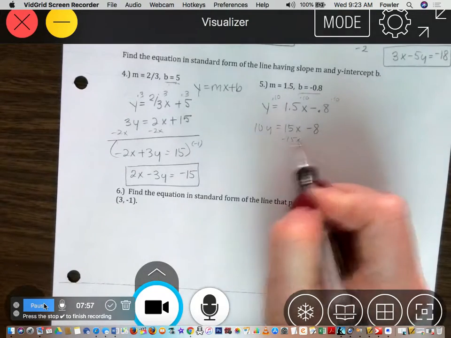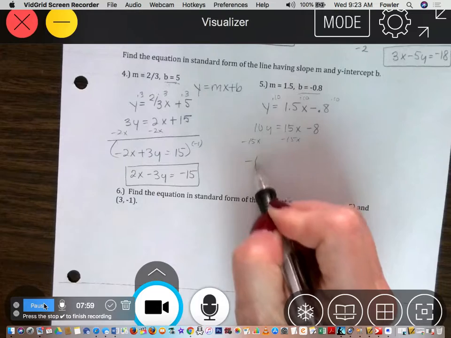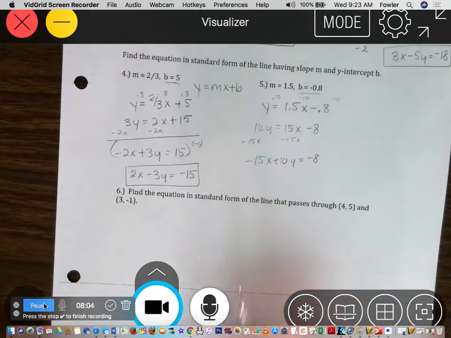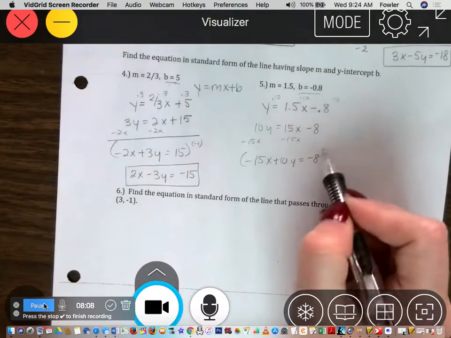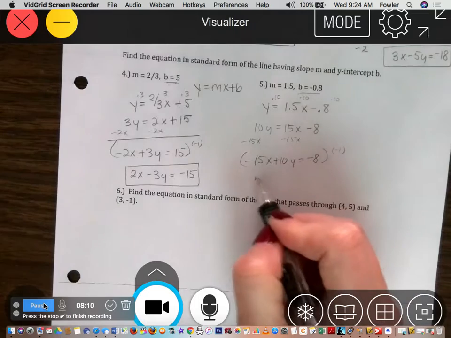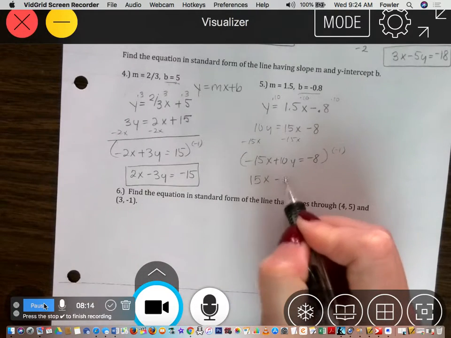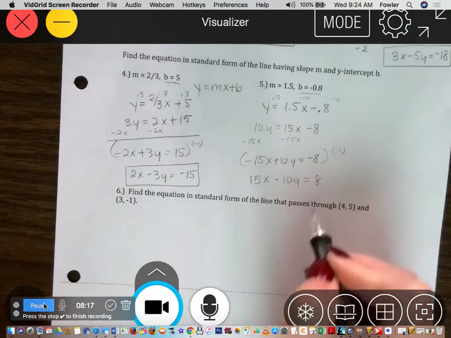Subtract the 15x over, so negative 15x plus 10y is equal to negative 8. And then taking a negative 1 through it and having 15x minus 10y is equal to 8.